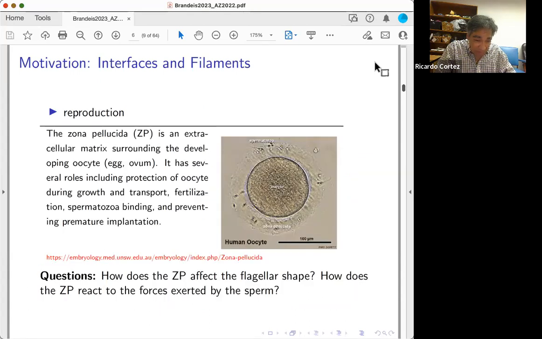The other thing that is going to become important for us is that many of these organisms, for example, in the case of sperm, have to make their way through regions like this. For example, this ZP is an extracellular matrix. So it's a filamentous thing. It's like a network of filaments and polymers and other things.